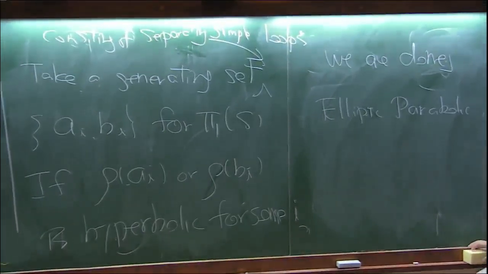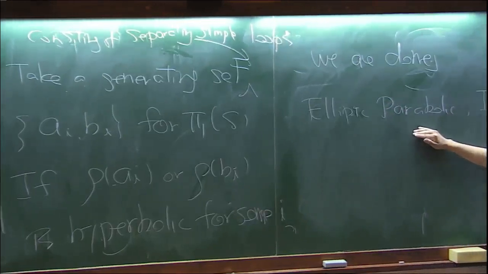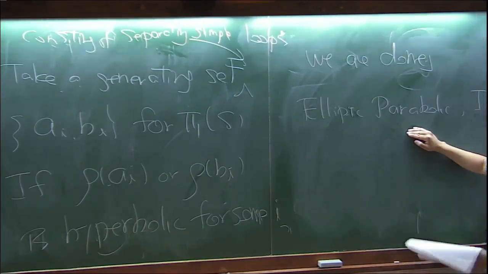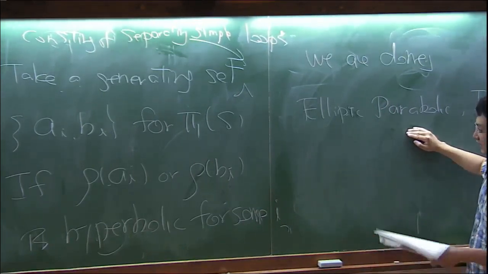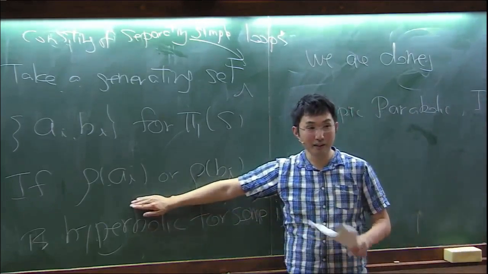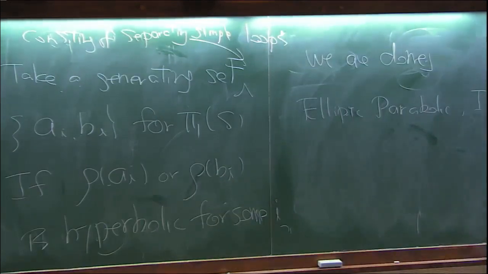So we need to divide the cases. First, we find that one of them is parabolic, and then we find a hyperbolic element somehow by combining. Then we finish that case. And last, we assume all of them are identity or elliptic elements, no parabolic, no hyperbolic. And then we find a simple closed curve that goes to a hyperbolic element.